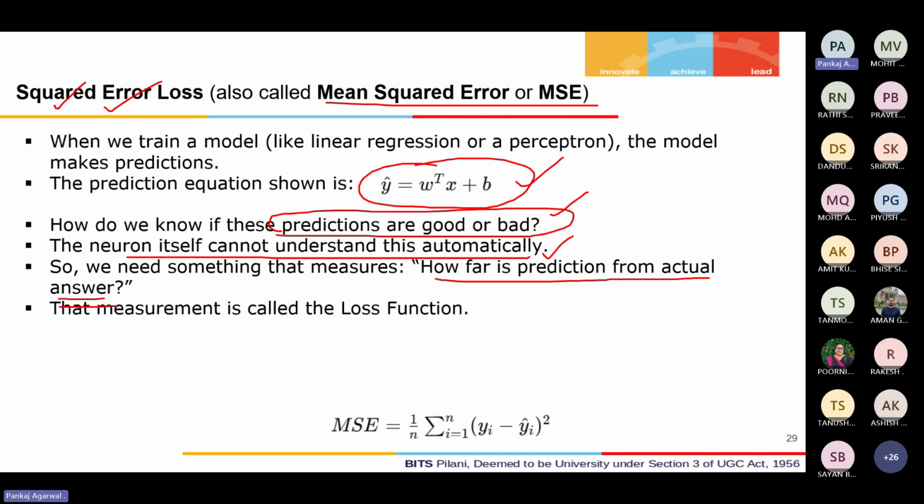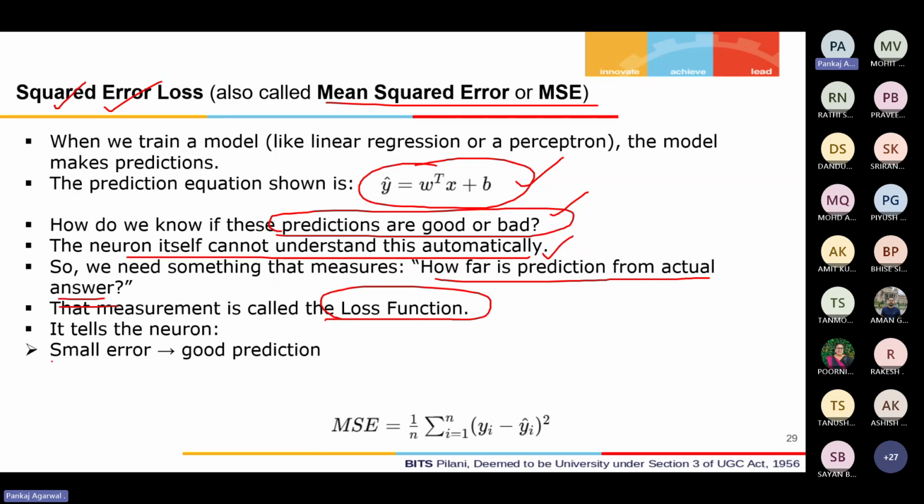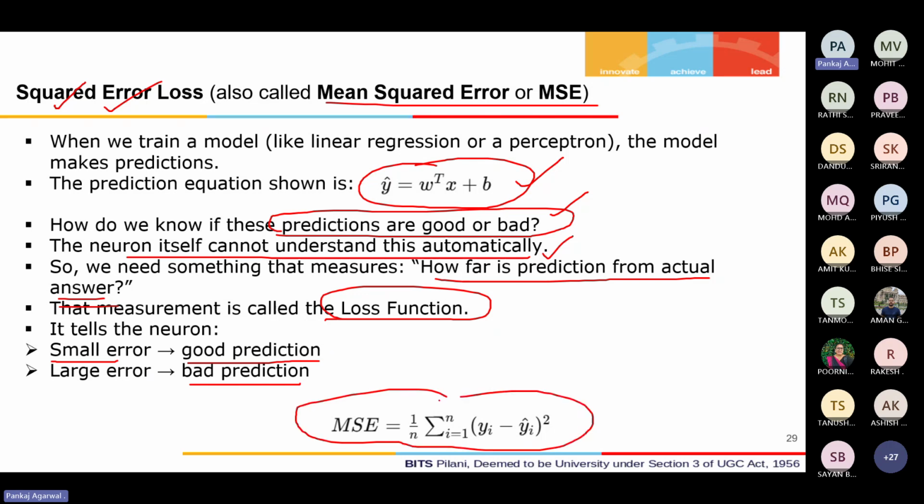This measurement is called the loss function. I need something where I can know how my target and my current produced value differ. A small error would mean a good prediction, and a large error would mean a bad prediction, right?